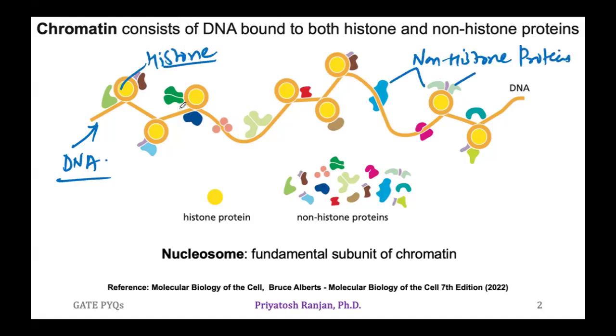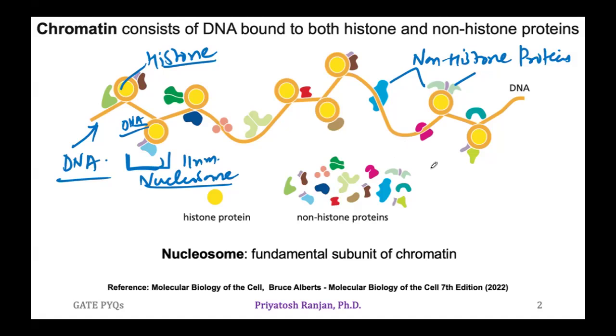The DNA is wrapped around the histone protein, and the fundamental subunit of chromatin is nucleosome. So this is an 11 nanometer structure, and this consists of a segment of DNA which is wrapped around this octameric histone protein.